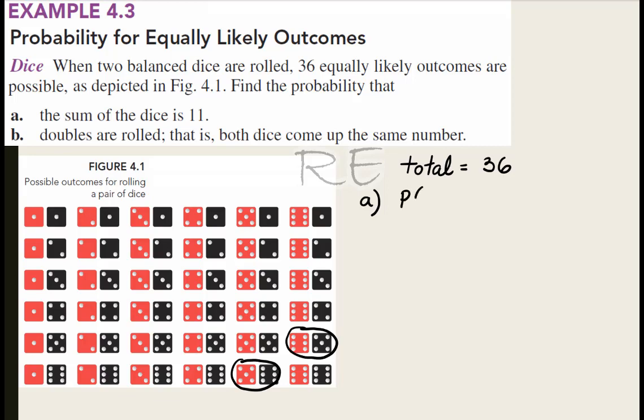Now we have the probability that the sum is 11 is equal to 2 over 36, which is 1 over 18.